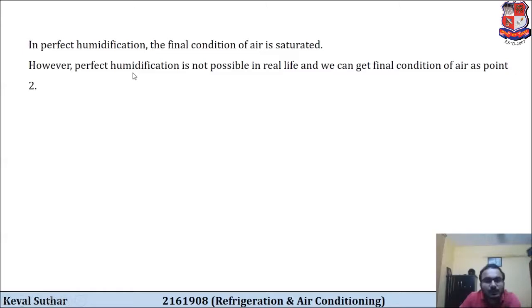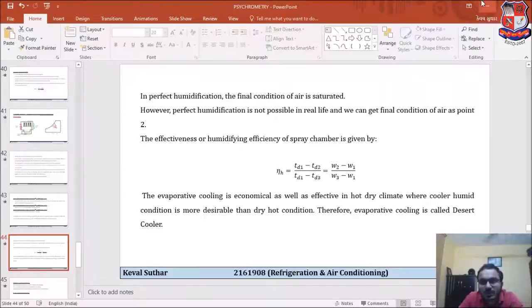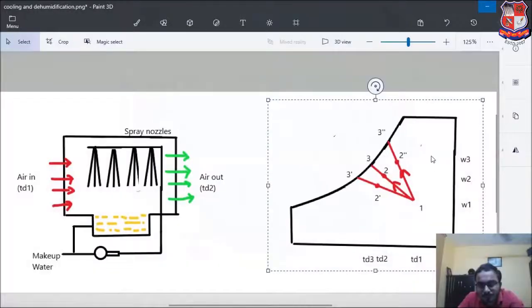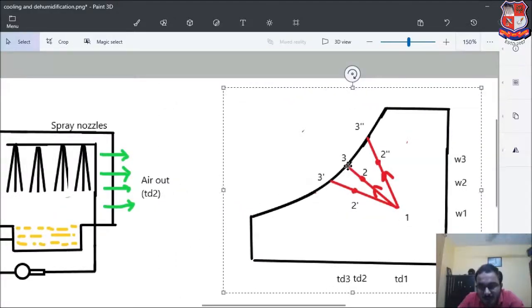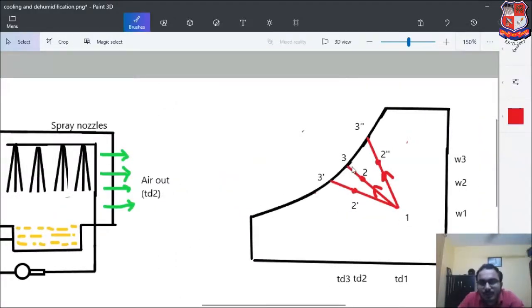However, perfect humidification is not possible in real life, so we can get only final condition of air as point number 2. To explain this point, our ultimate objective is to get up to point number 3. However, the humidification is not perfect, so we will not be able to reach from 1 to point 3. We will only be able to reach from 1 to point number 2, as the sensible heat factor also comes into the picture.